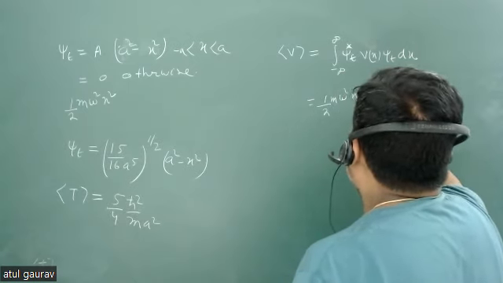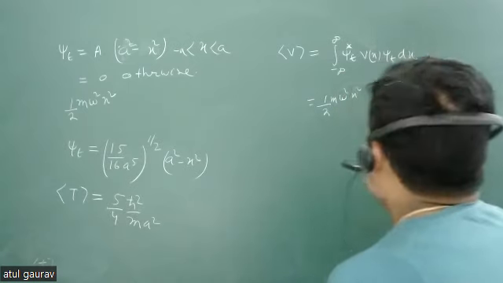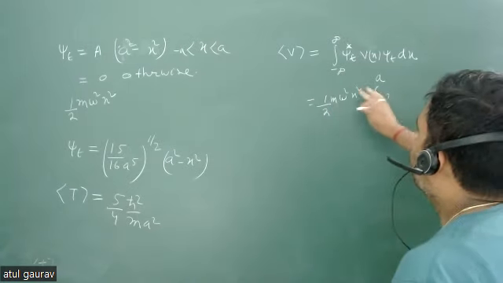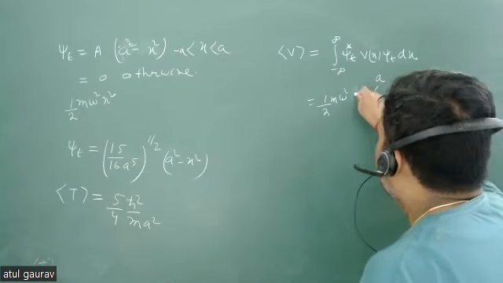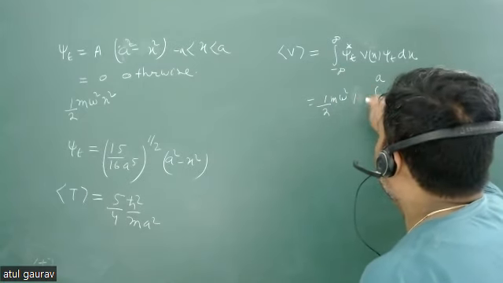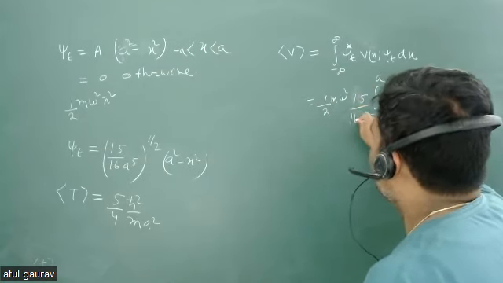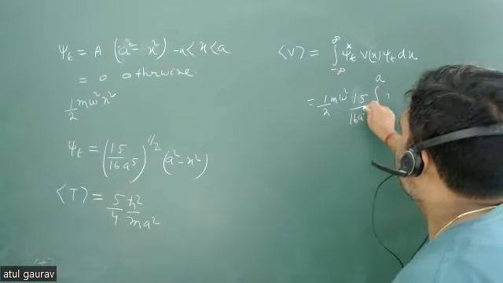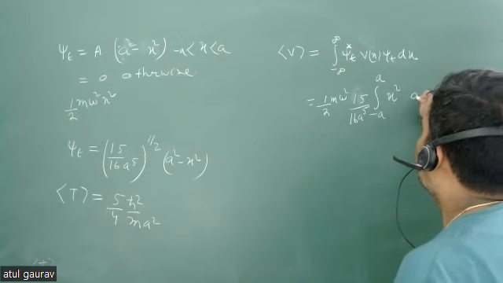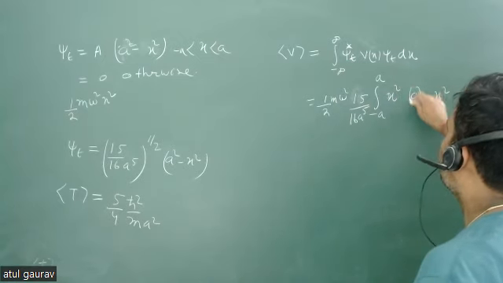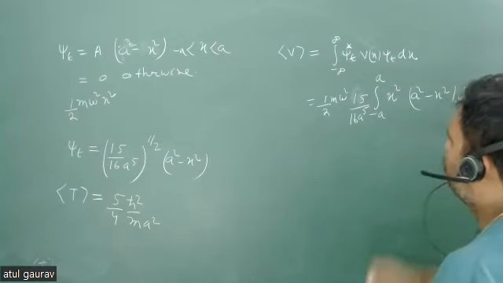The limits are minus a to plus a. Taking m omega square outside, you have 15 upon 16 a to the power 5, and inside you have x square times a square minus x square dx.